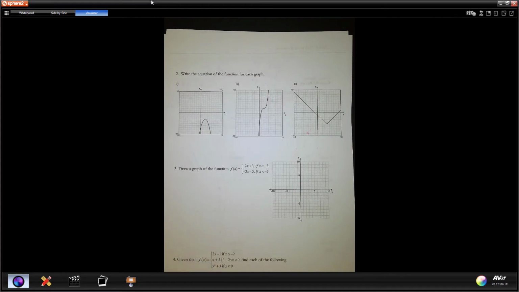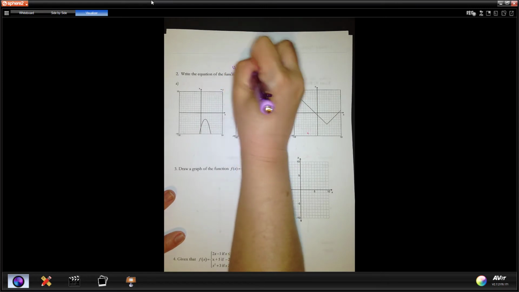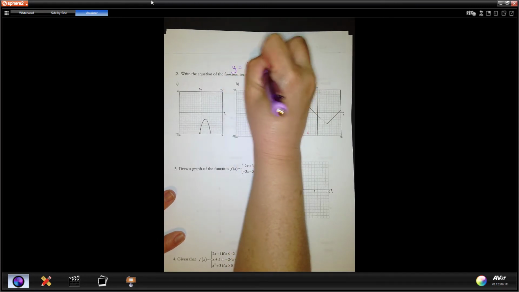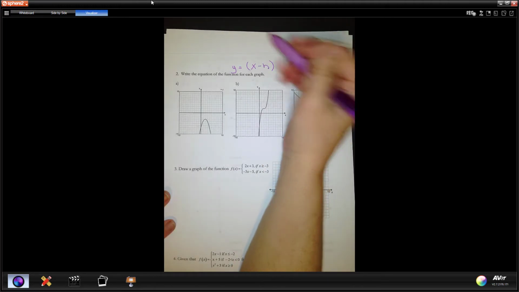Number 2 says to write the equation of our graph. As I mentioned on the previous page, our general form is y equals x minus h, depending upon its shape, plus k.